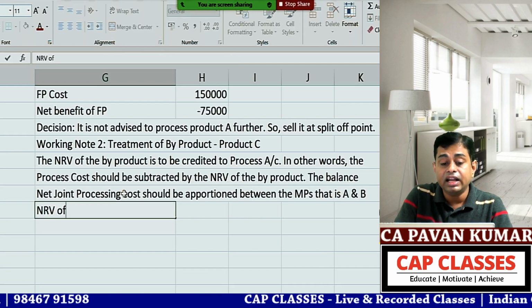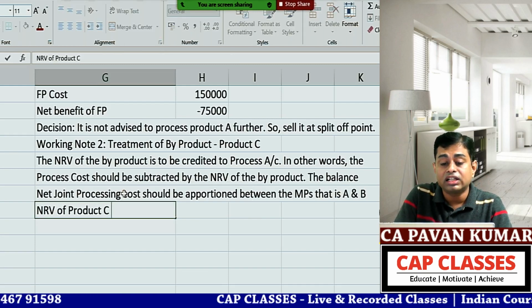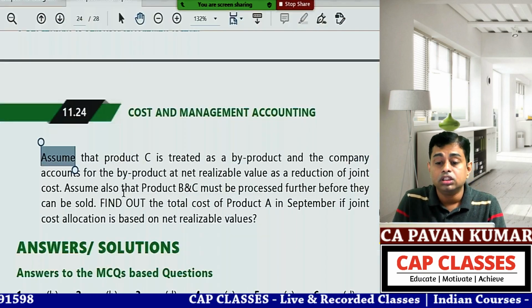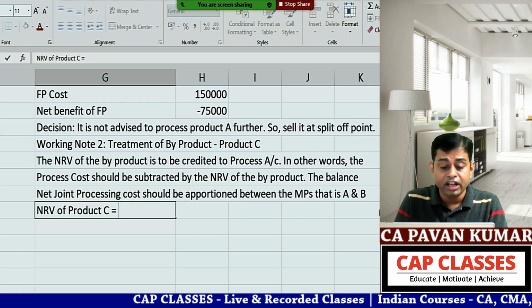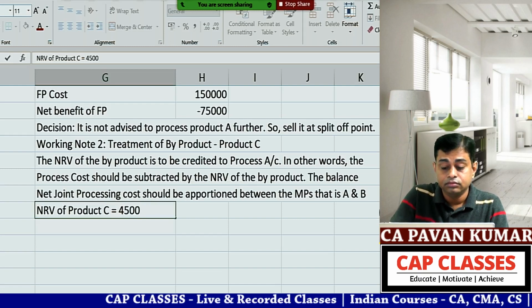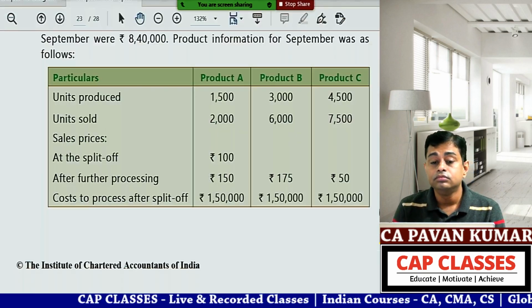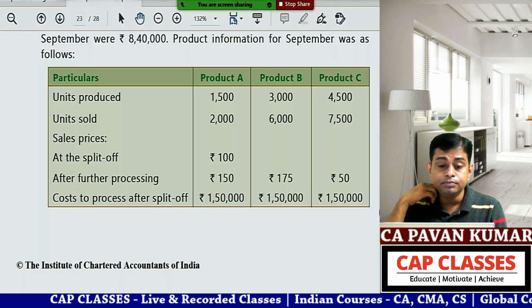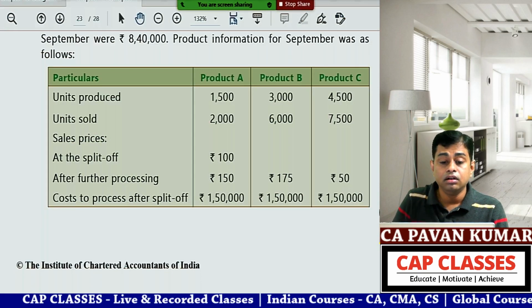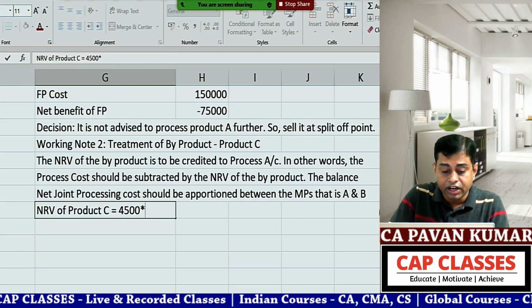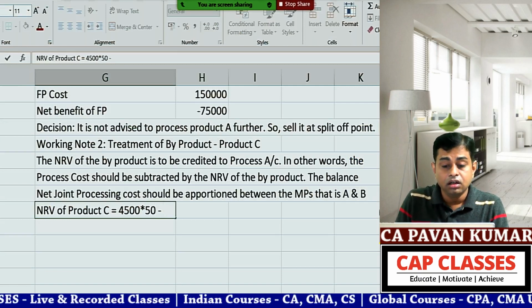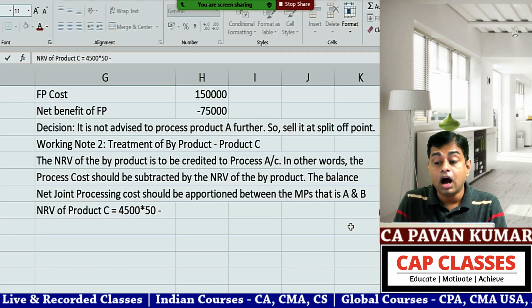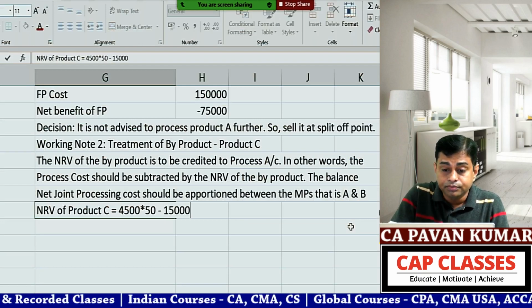Now net realizable value of product C is equal to, how many units were produced during the period? 4,500 into selling price, 50. 4,500 into 50, minus the further processing cost after split off point, 1,50,000.